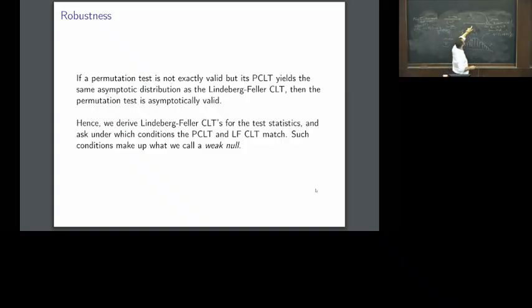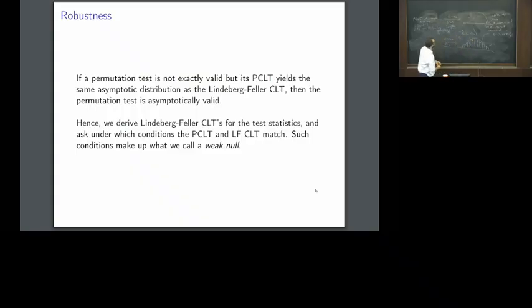So this is going to be almost always a normal with some variance. Let's call it variance star. This is going to be some different distribution. If these distributions don't match, well, I'm out of luck. There's nothing I can do. But what does it mean to be robust?